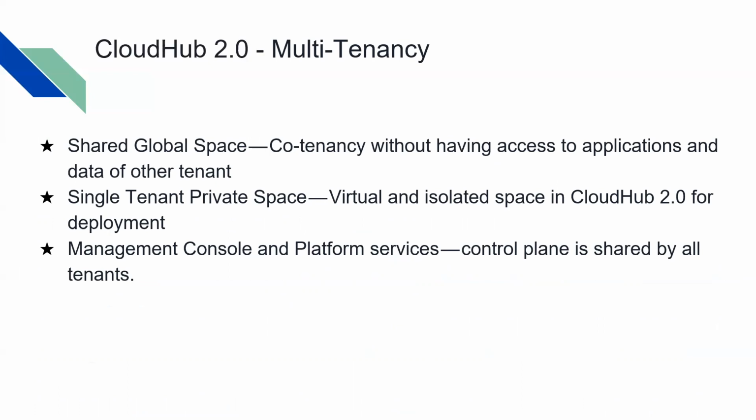One tenant cannot access another tenant's applications or data. Then the single-tenant private space, which we already discussed, is more like a VPC in CloudHub 1.0. So it is a virtual and isolated space in CloudHub 2.0 for deployment. And then the management controller platform service, which is the Anypoint Platform or the control plane, which is shared by all tenants.